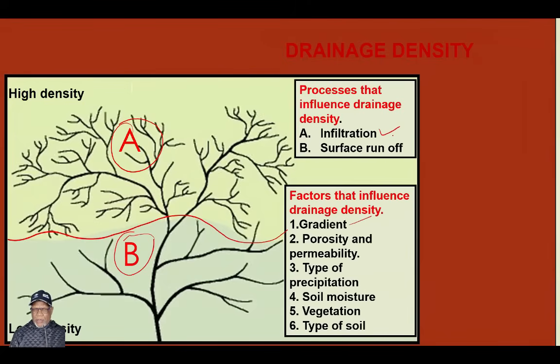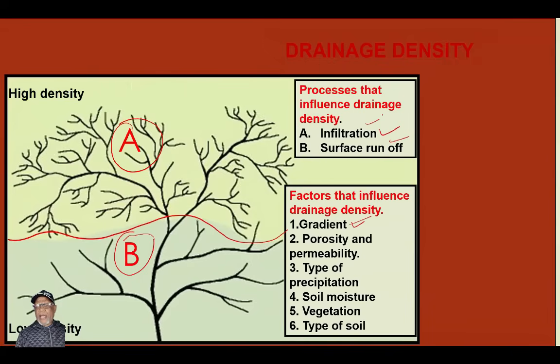Now let's look at A. How did the gradient influence density at A? Then you say at A, the gradient is steeper and therefore there is more surface runoff and less infiltration. That is why we have high density. Then that is how you approach your question.